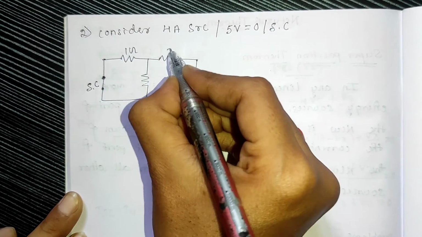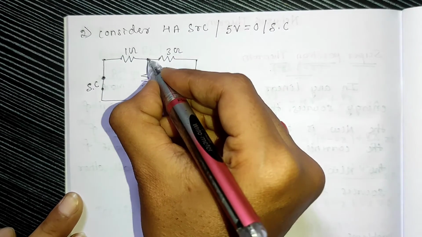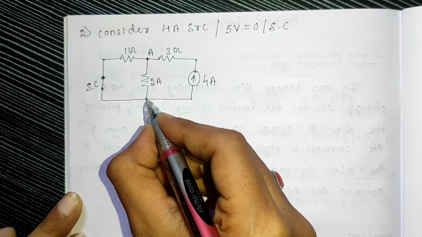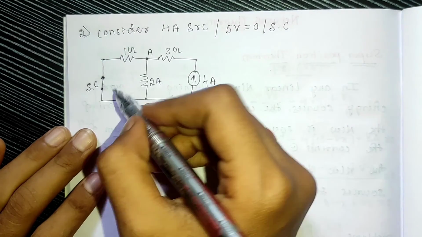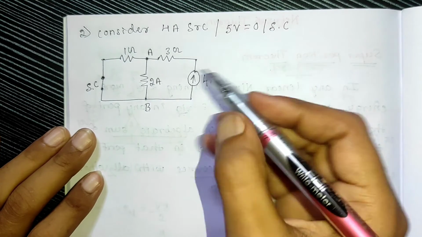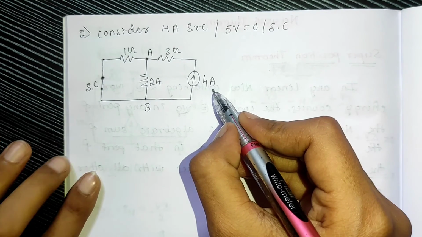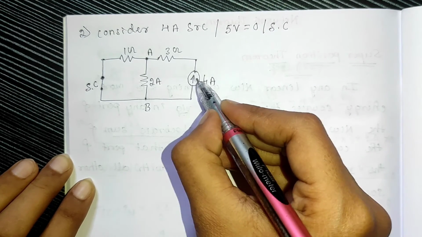So 1 ohm, 3 ohm, 2 ohm. Okay. Consider this node as A, this node as B. So the current direction in this branch, when we consider the 4 ampere source, is like this.